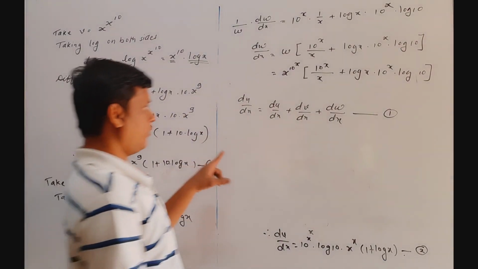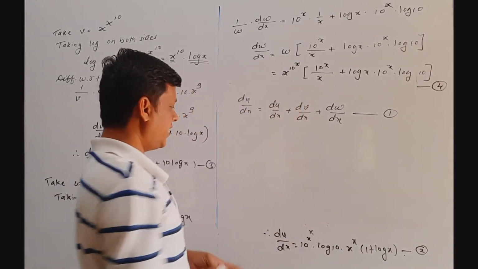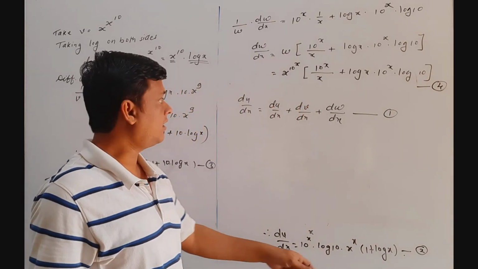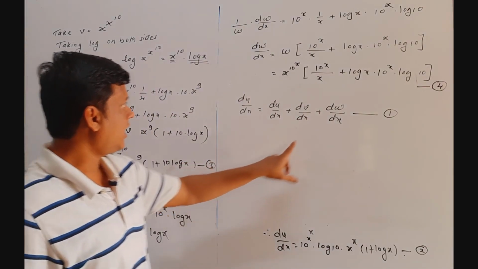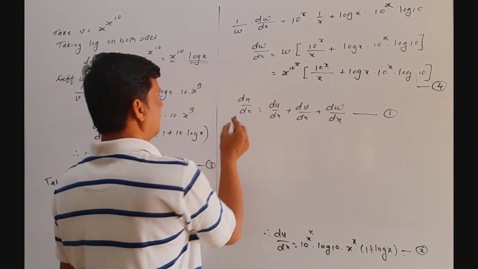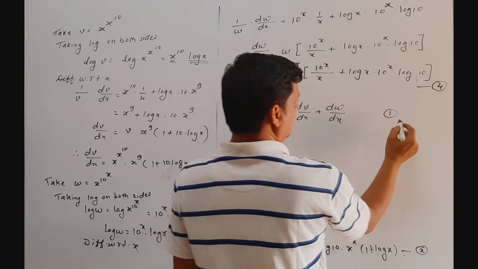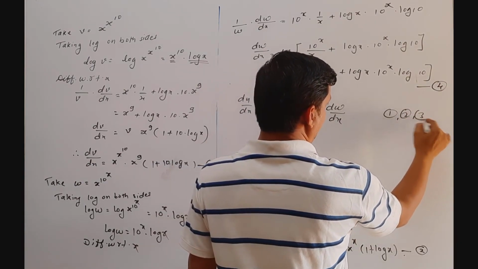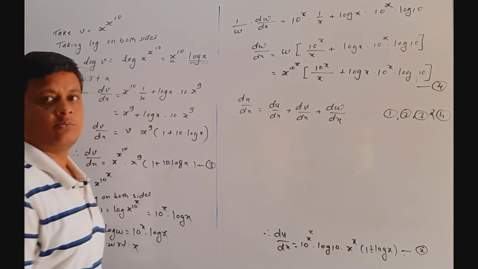Now we have the value of du by dx from equation second, the value of dv by dx from equation number third, and dw by dx from equation number 4. So we write, from equations 1, 2, 3 and 4, substitute the values in equation number 1.